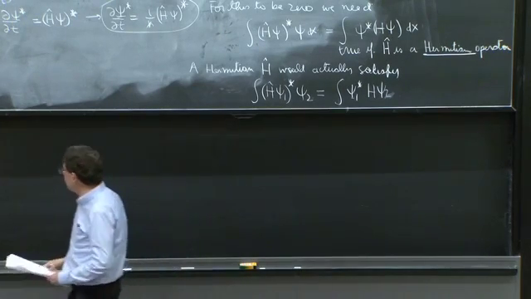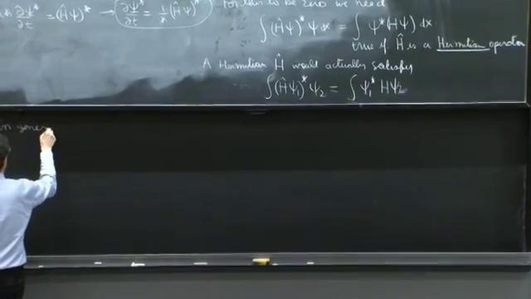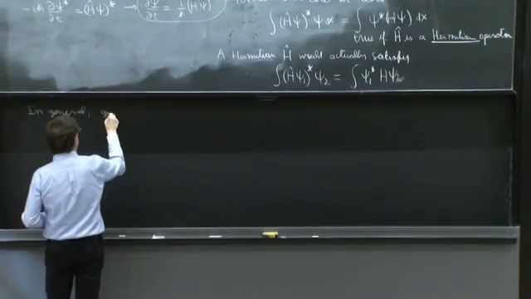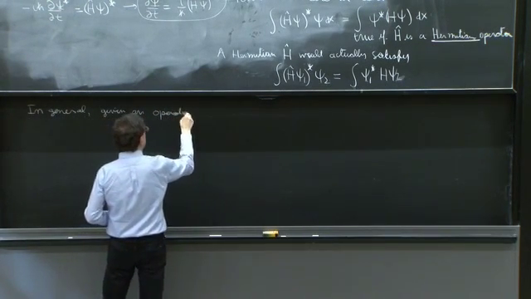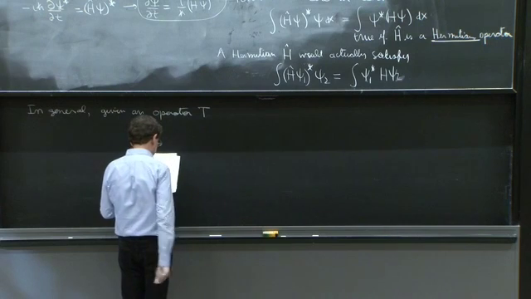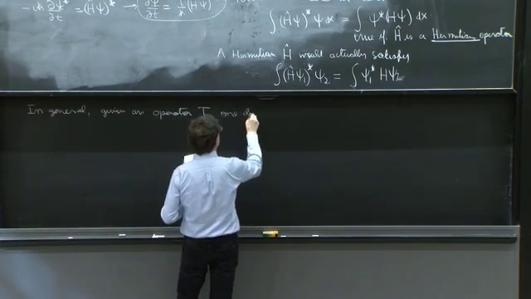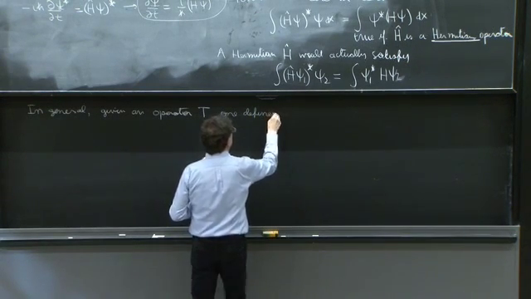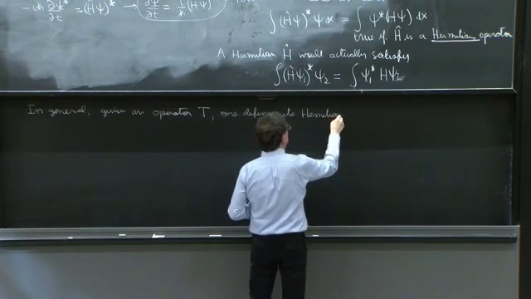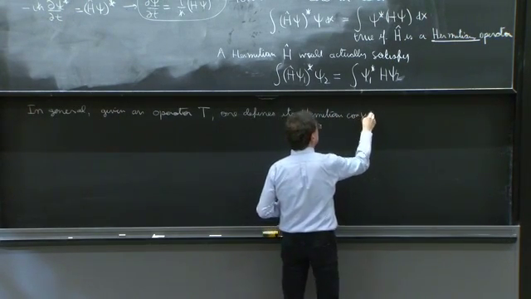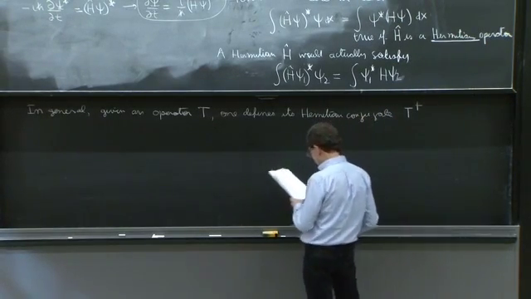But in general, well, given an operator T, one defines its Hermitian conjugate, T dagger, as follows.